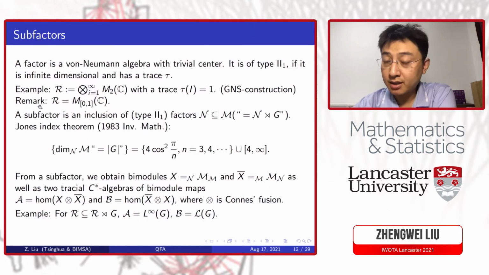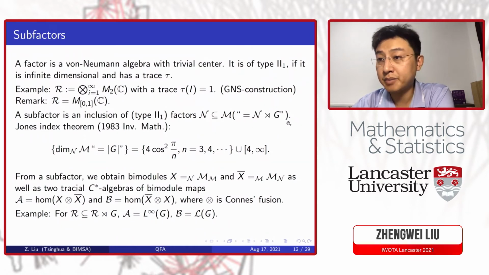And Jones at the beginning got a lot of interest in this example, and he tried to classify the relative size of two factors, N in M, and we call this pair a subfactor. One example of such a pair is if we take N to be the infinite tensor product factor, and it admits an action of permutation groups. Under the crossed product, we get a bigger factor M. And then the relative size will be exactly the order of the group.